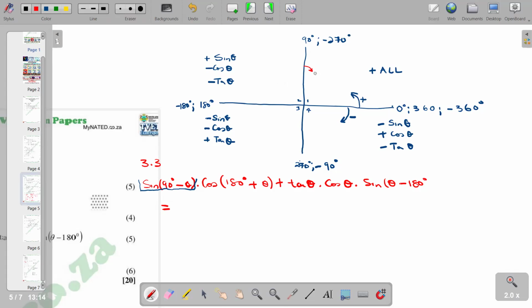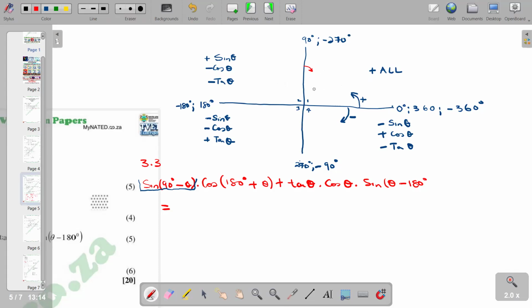We identified the quadrant. Then we ask ourselves, what is the sign of sine in the first quadrant? What is the sign of the ratio that we are dealing with? We realize that sine is positive in the first quadrant. Then the last question: will our ratio change or not? In this case, our ratio will change.